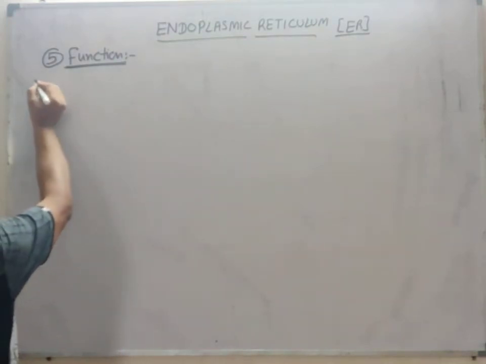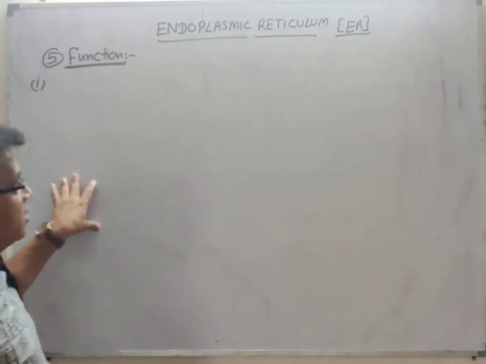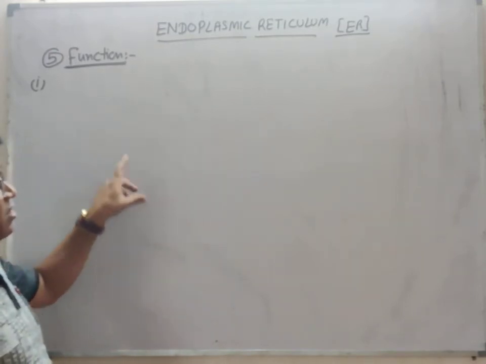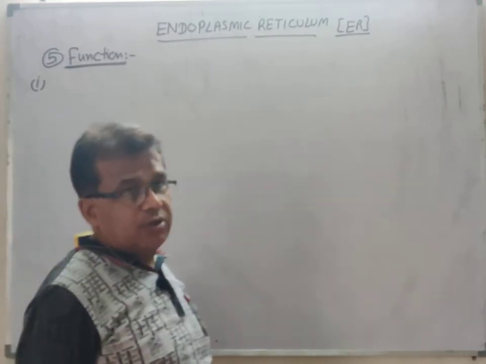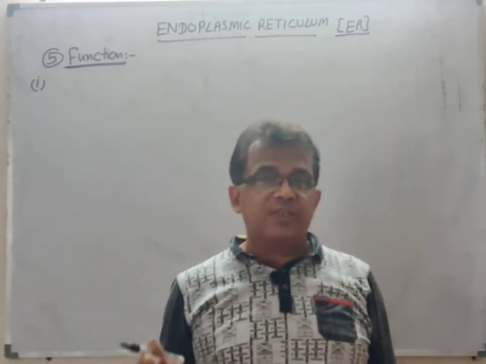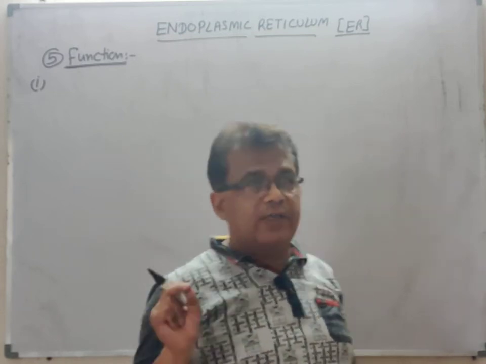So function number 1, as we know that ribosomes attached with the RER produce protein. So protein manufacturing is the character of ribosomes as well as rough endoplasmic reticulum.